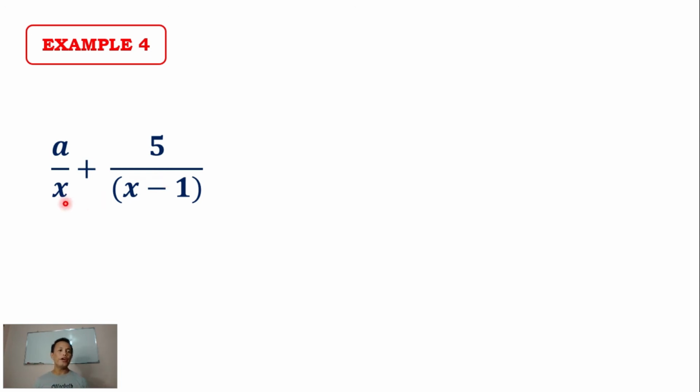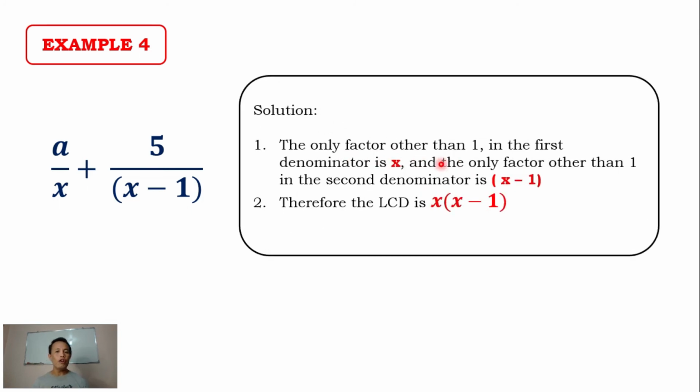So therefore, if we are going to factor out x, we have no other factor of x except x times 1. And for the second denominator, that is x minus 1, we have no other factors of x minus 1 except x minus 1 times 1. So the only factor other than 1 in the first denominator is x.